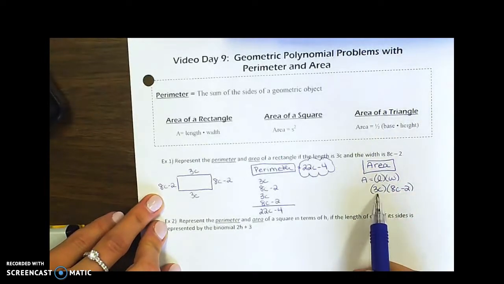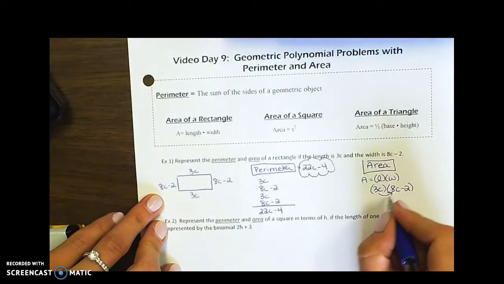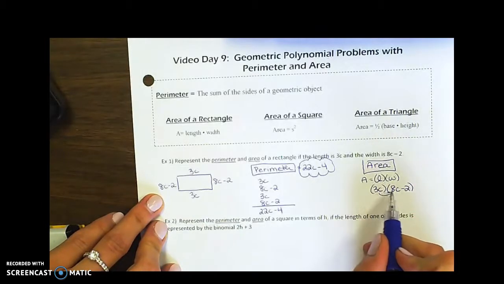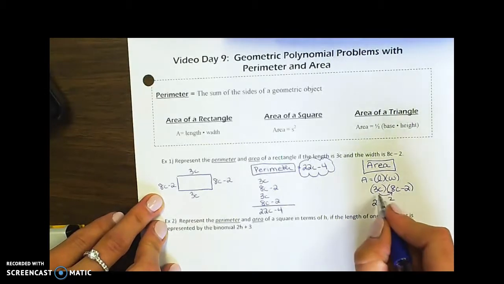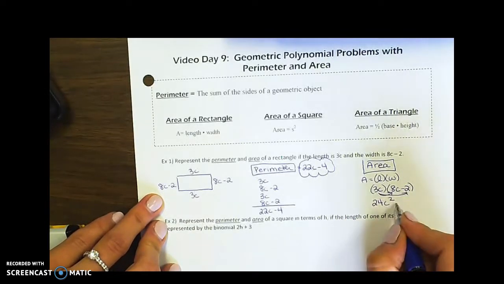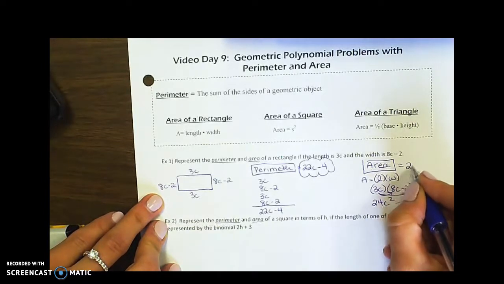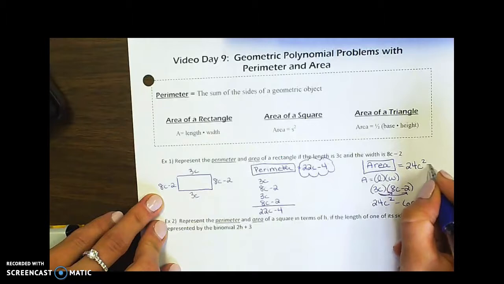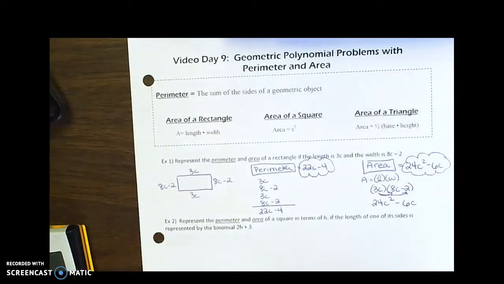Now we have a monomial times a binomial, so we're going to distribute that 3c to everything. So 3c times 8c is 24c squared. 3c times -2 is -6c. And that is our area, 24c squared minus 6c. And you have got it.